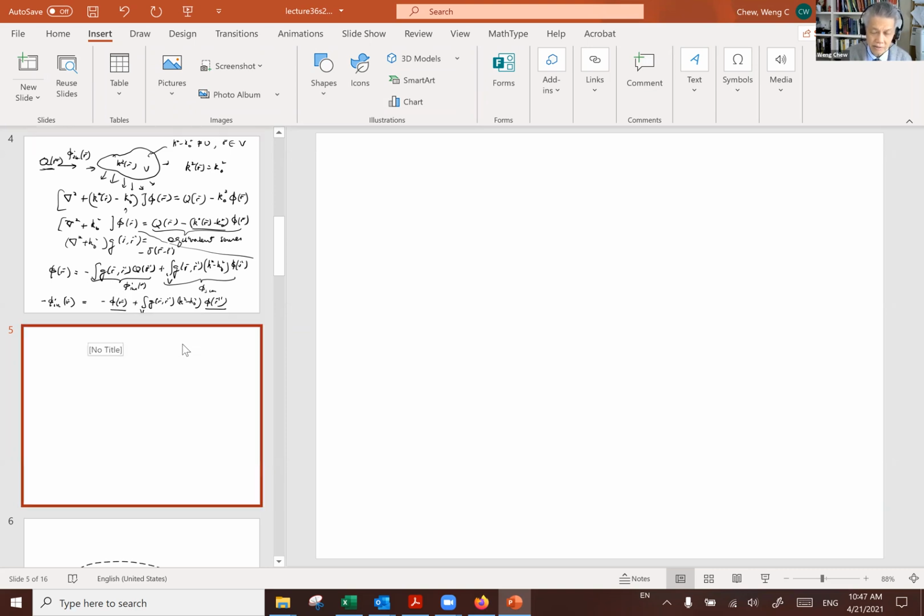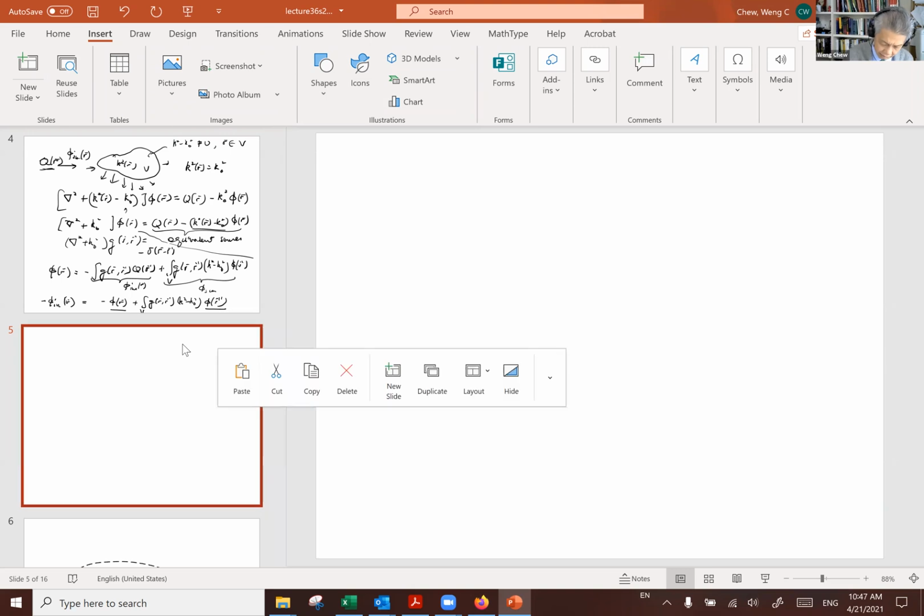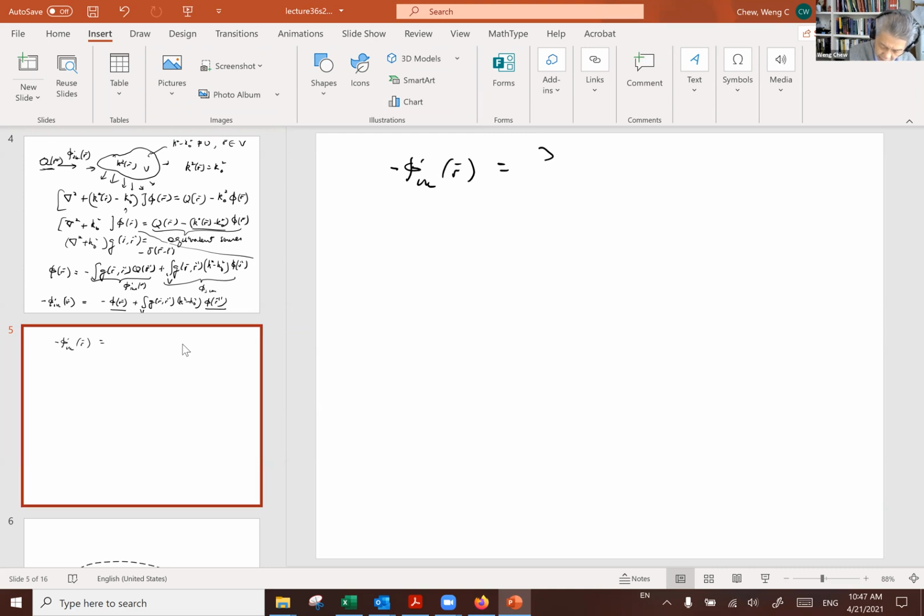It's a linear operator, and hence I can write this equation as phi incident R is equal to a linear operator operating on this field, the unknown. Okay, I have this as the unknown on the right-hand side.